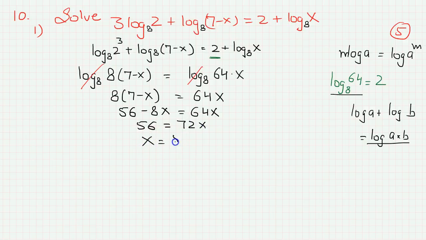So x will be 56 divided by 72. So that will be 7/9, or it can be written as 0.77777.